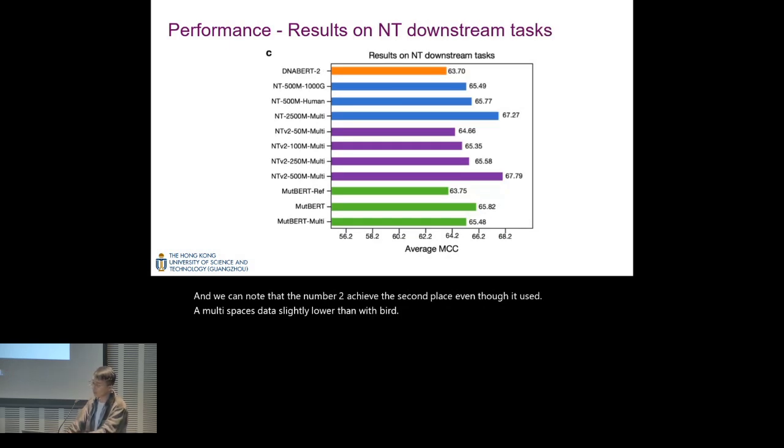And in NT downstream tasks, the models' performances are all good, all exceeding 63, and the lowest score comes from DNABERT-2, and the highest score comes from the NT V2 with 500 million parameters, which was trained on multi-species data. And MutBERT ranks third, only behind the aforementioned models such as NT with 2,500 million parameters and NT V2 with 500 million parameters.